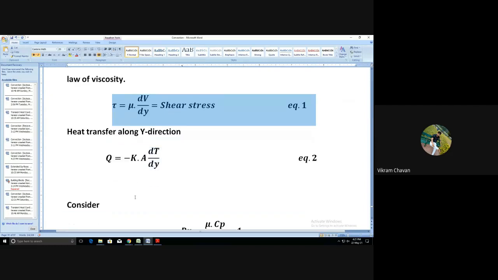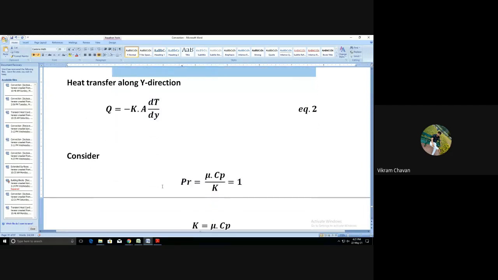Now consider the Prandtl number. What does the Prandtl number signify? It signifies whether the momentum diffuses earlier or the heat diffuses earlier.